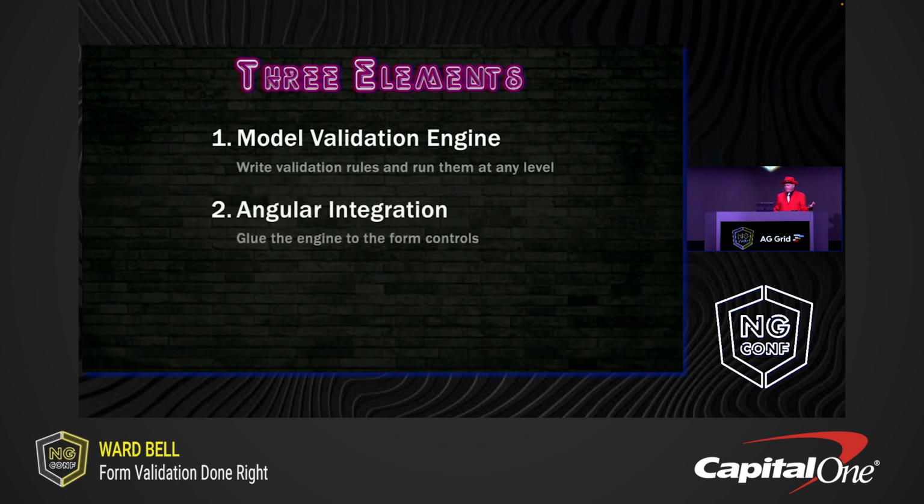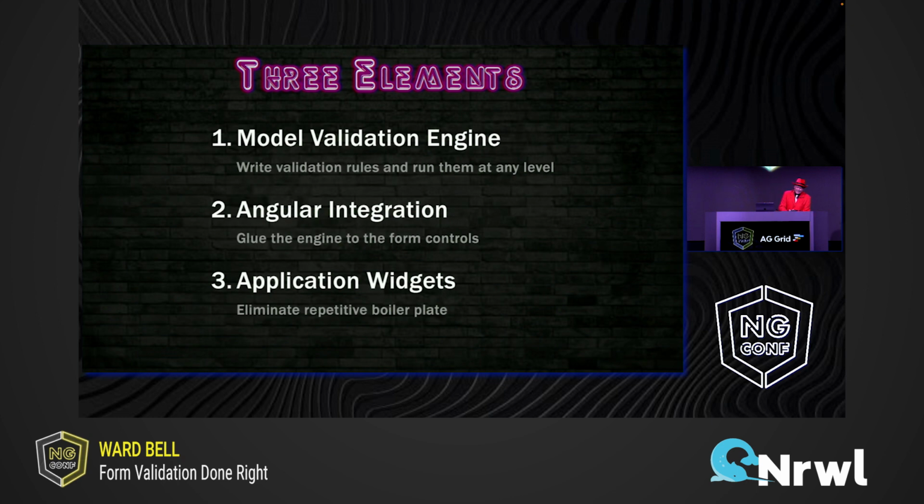And this is Angular, and so let's integrate whatever we choose for a validation engine right into Angular so that we do get the benefit of what Angular does offer us in terms of exposing errors. And then we want to look at it and say, all right, but man, there's a lot of junk here. Let's see how much of it we can get rid of. And I call that solution application widgets. So we're going to do those 3 things.